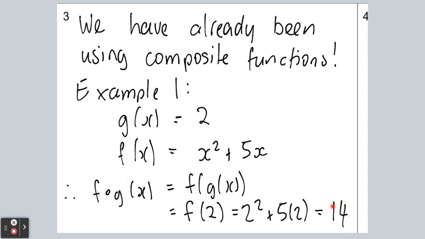That's the new function. So if I input 3, out comes 14. If I input 10, out comes 14. If I input root 2, out comes 14, etc. That's the new rule. If I connect what I was doing over here, coming up with the new function, with what the final output is, which is 14. Okay, so f composed with g is just f of g of x. Are we okay with that?